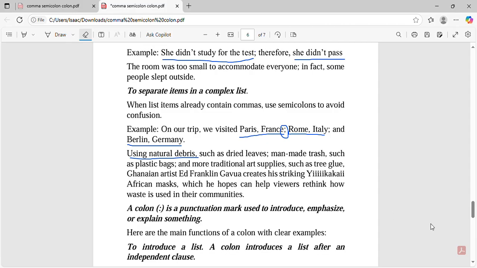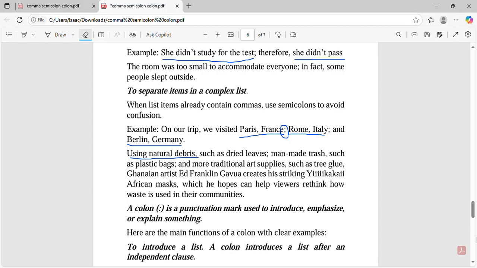Okay, how about colons? Colons are also very useful. They can be used in different ways, but the most common function of a colon is to introduce a list, or to emphasize, or to elaborate or give further explanation.